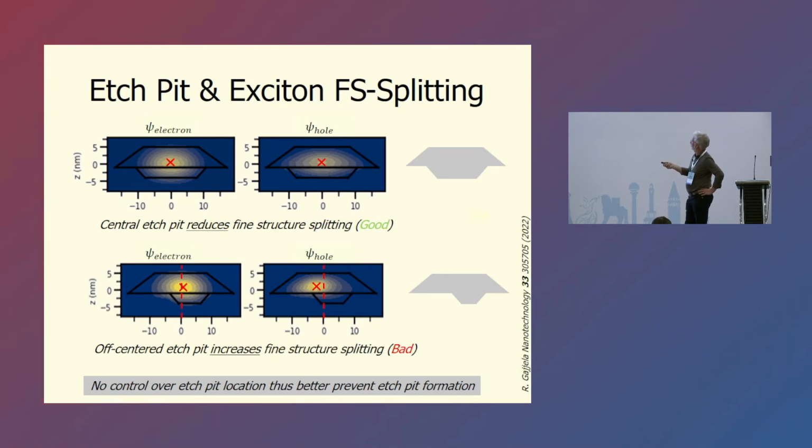First we had an edge pit right under the center of the dot, and we increased the size, and we saw that that actually reduces the fine structure splitting. So that's good. But when the edge pit moves to the side, then it increases the fine structure splitting, and that is bad. And because at the moment we have no control over where we get this edge pit, it's better to prevent the formation of edge pits than to use it to your advantage.